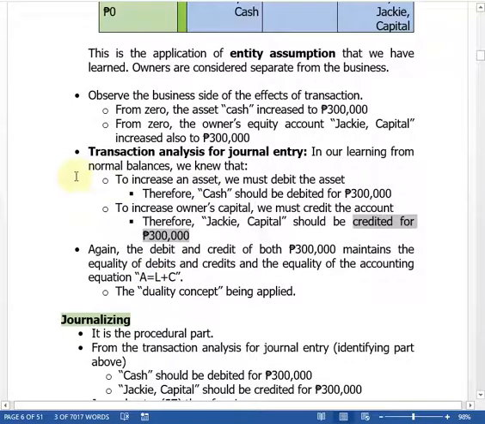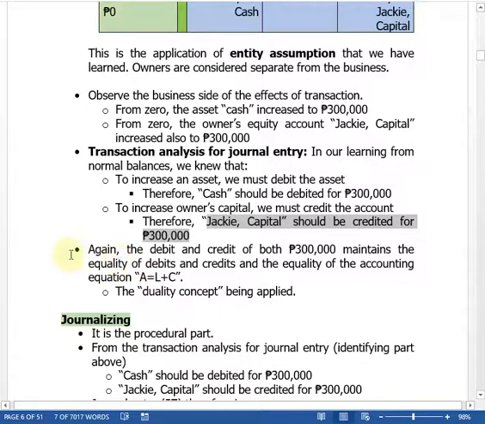So this is the application of the normal balance from our analysis of what happened, that there is an increase of cash and there is an increase in Jackie capital. Therefore, we must debit cash for 300 and we must credit Jackie capital for 300.